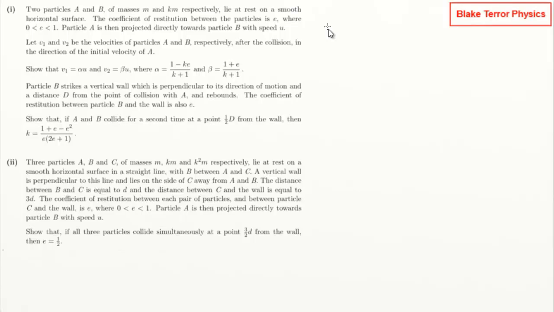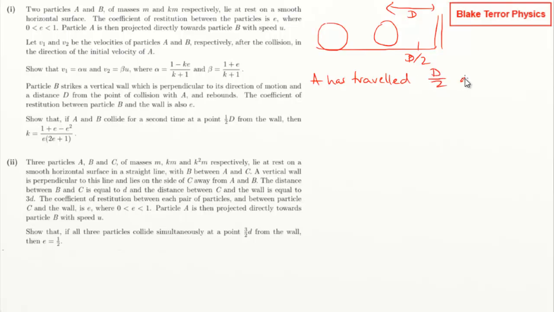Right, so we've got a new bit of information. B's going off to the wall here at distance d, and then they're going to re-collide at d over 2. So A has travelled a distance of d over 2 at a velocity of v1, and B has travelled, it's going to have two velocities though, isn't it?